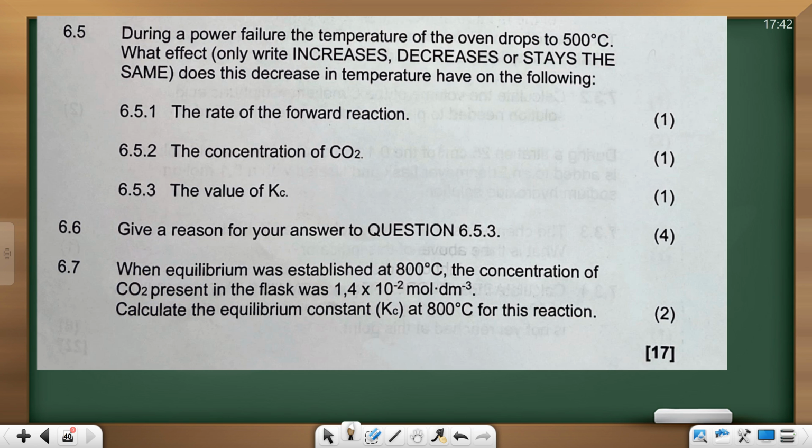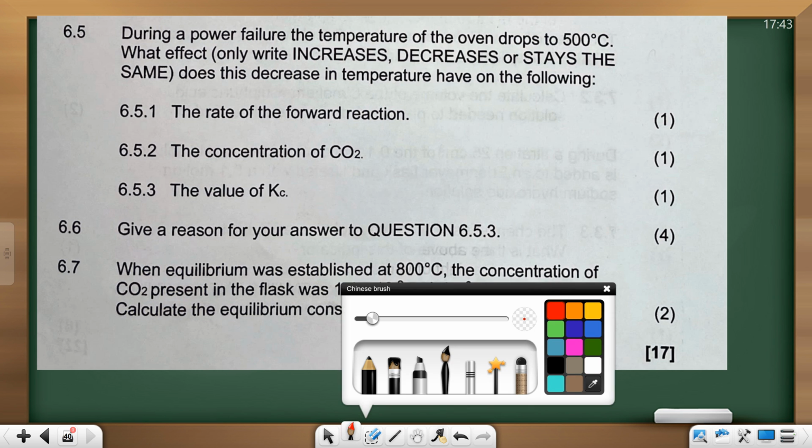What effect will this have on the following? The rate of the forward reaction. If temperature decreases, what happens? They're asking for rate of reaction. A decrease in temperature would naturally decrease the reaction rate. So it decreases.